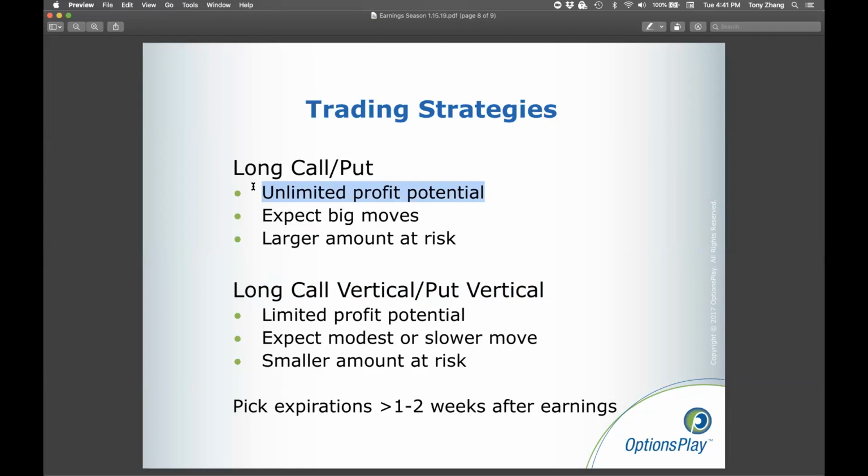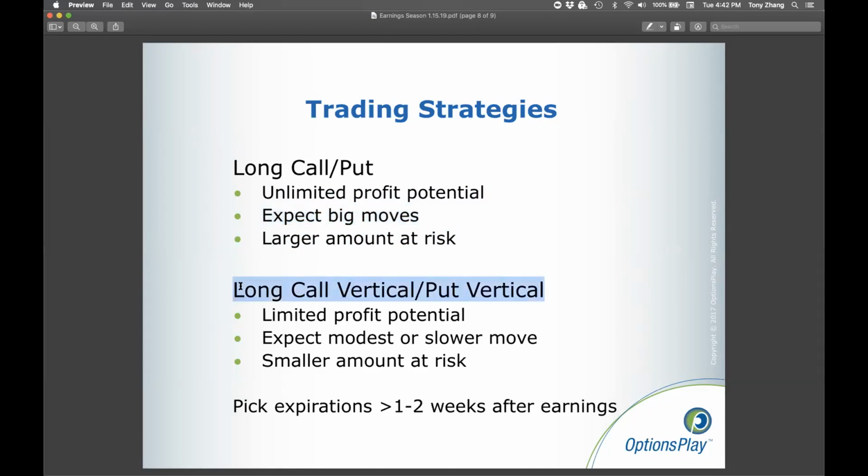However, this strategy is only useful if you expect a large move. And the reason for that is because this strategy does typically have a larger amount of capital at risk compared to a call vertical or put vertical. So because you're risking a larger amount, you need to have a bigger move of the underlying stock on that beat or miss on earnings in order for the strategy to be profitable.